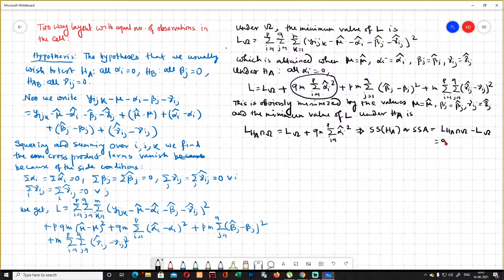Hence, this is equal to Qm sum over i from 1 to p alpha i hat square.